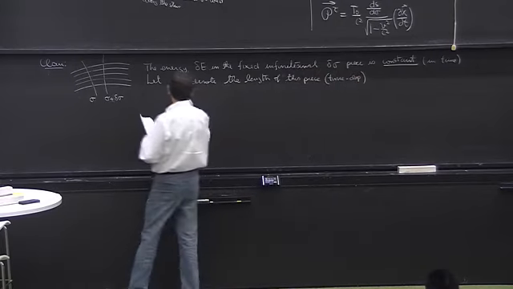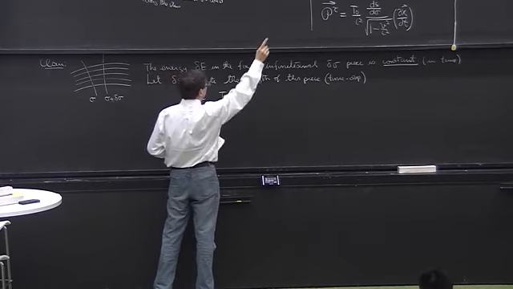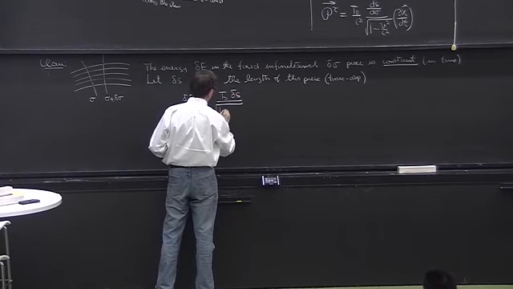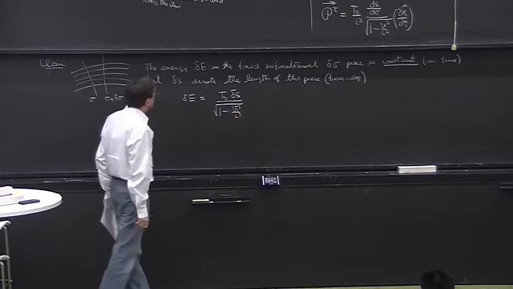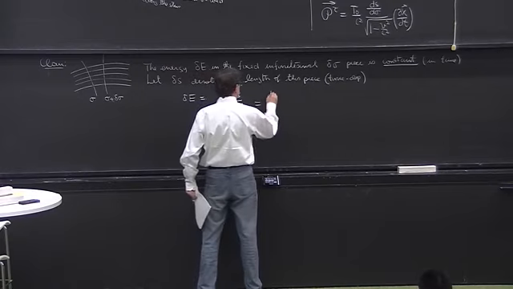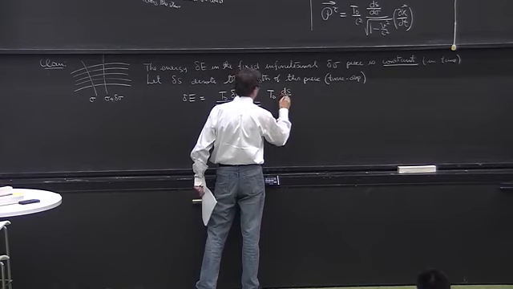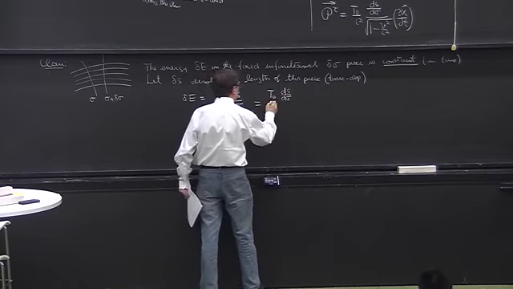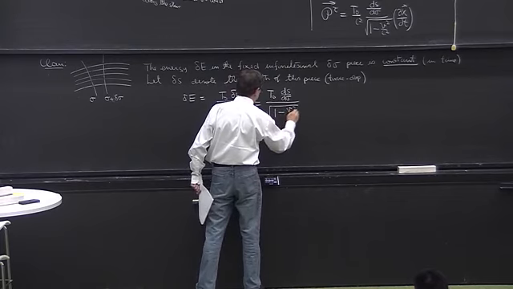So what is the amount of energy in that little piece of string? From our formula for the Hamiltonian it is T naught delta S over square root of 1 minus V perp squared over C squared. So I will write it this way. I will say this is T naught, and the change in S is the derivative of S with respect to sigma that has been showing up there, over square root of 1 minus V perp squared over C squared.